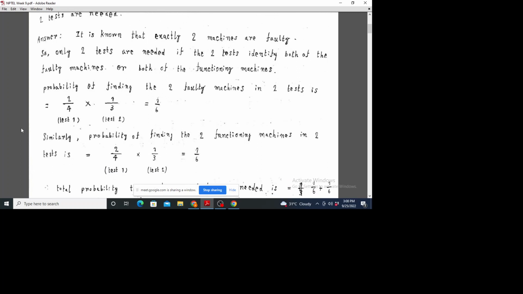After finding one, the probability of finding the other faulty machine in the second test is 1/3, because one faulty machine remains among the remaining three machines. Multiplying these, you get 1/6.